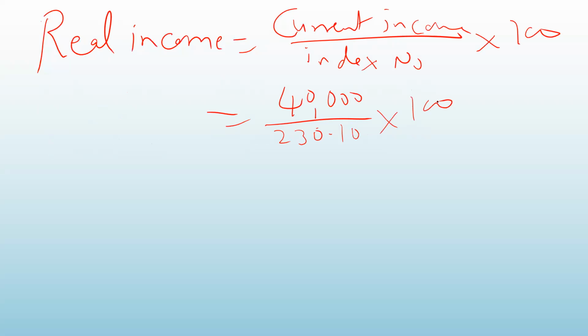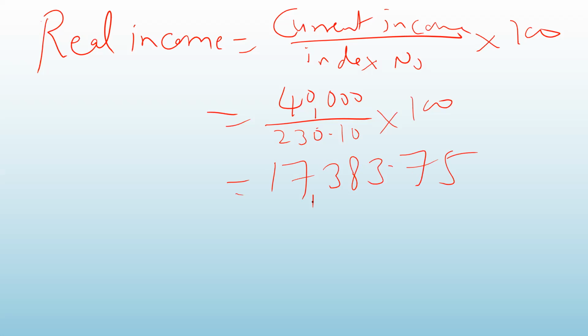It comes out to be 40,000 divided by 230.10 multiplied by 100. It comes out to be 17,383.75. इतना आ रहा है उसका रियल इनकम, 17,383.75. तो मैं 17,384 भी बोल सकते हो आप, if you want to round it off.